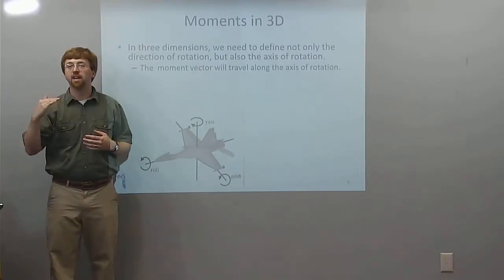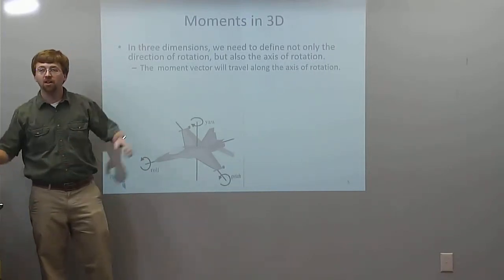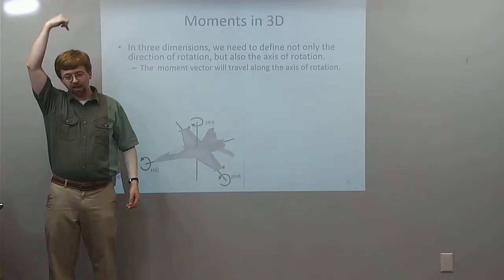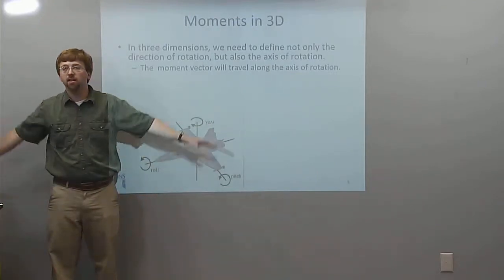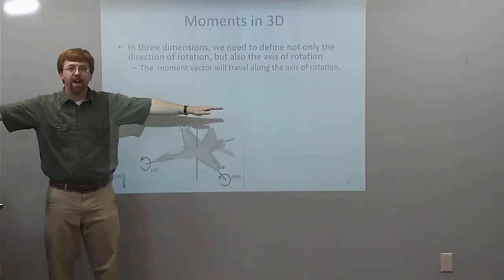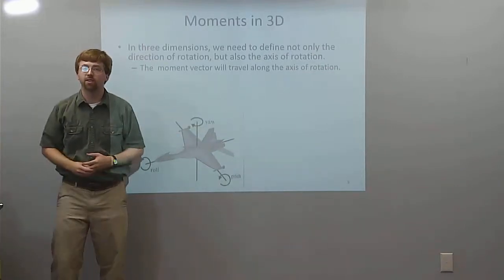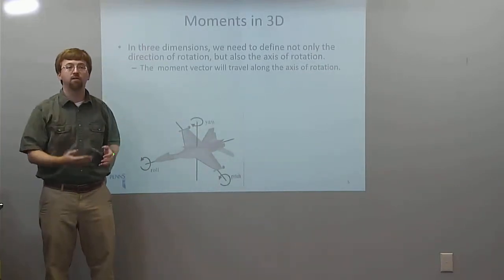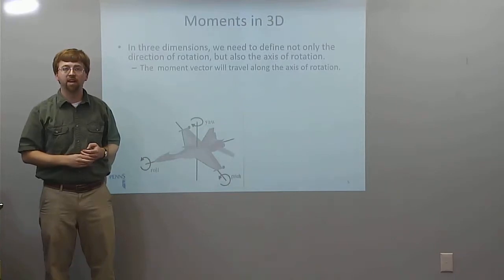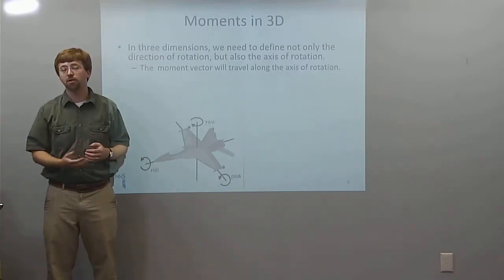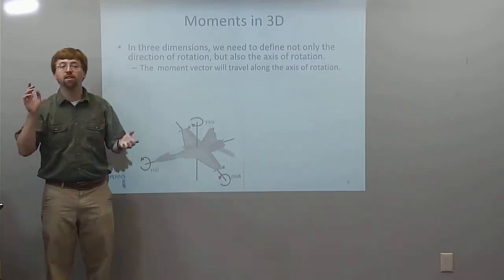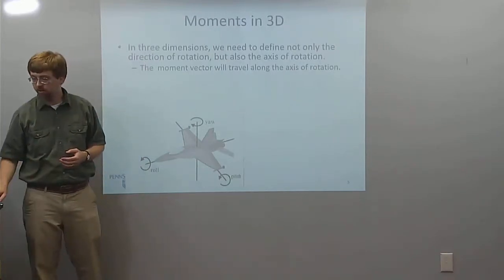I can be positive or negative about that. And then finally, yaw: if I've got a line going straight from my head to my feet, I can rotate about that axis, and that will be a third vector. Really, there's any number of lines that I can rotate my body about, and each axis of rotation corresponds to the moment that would cause that angular acceleration.